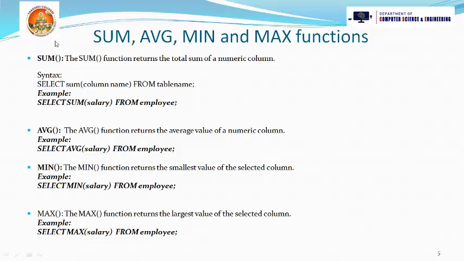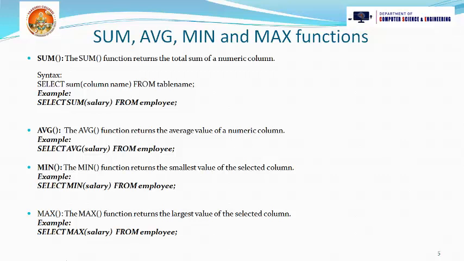The next function is the min function, and this min function returns the minimum value in the set of values associated with the specified column. For example, select min of salary from employee. This min function returns the minimum value of all the values in the salary column.